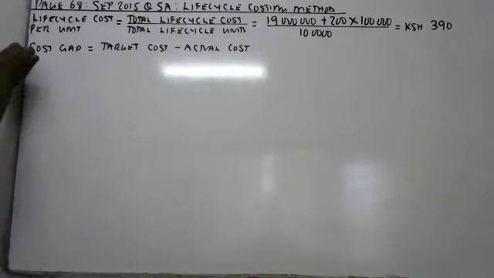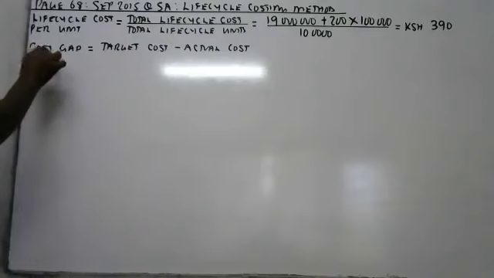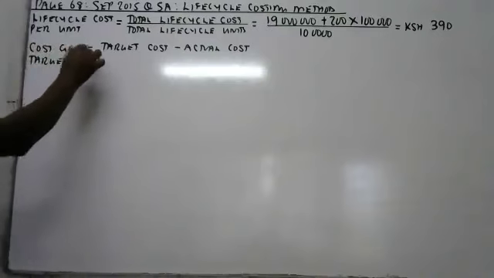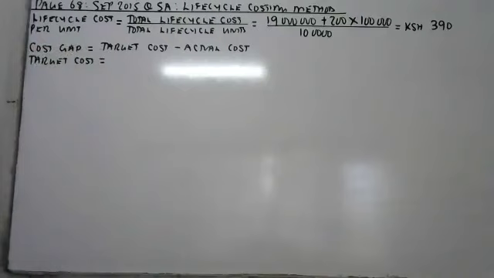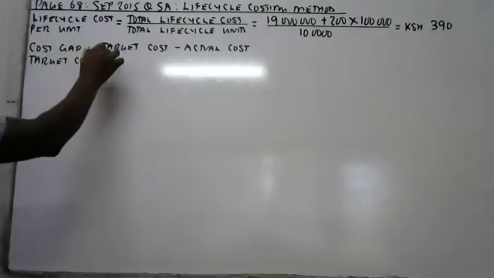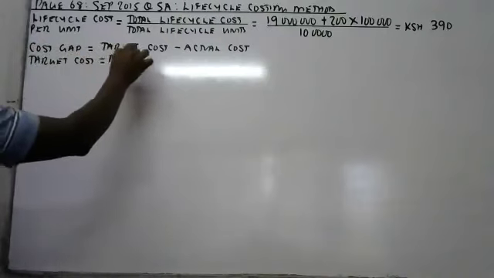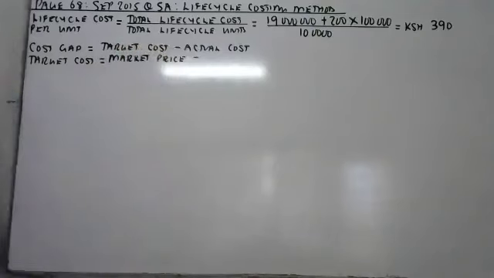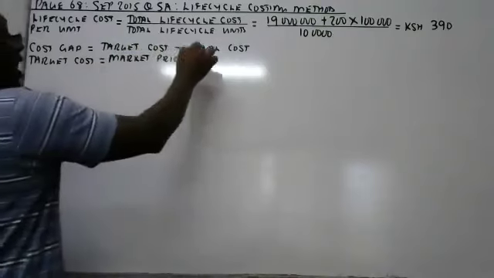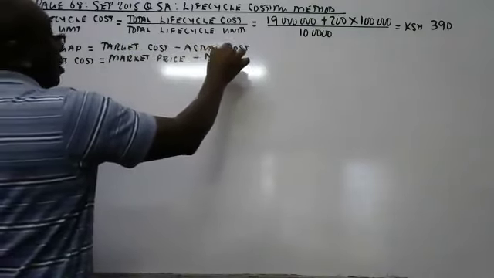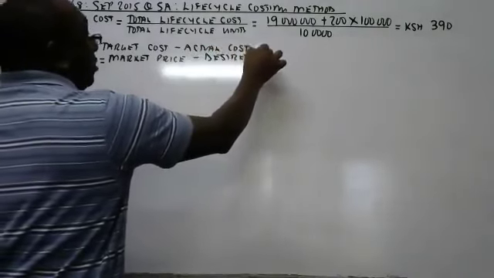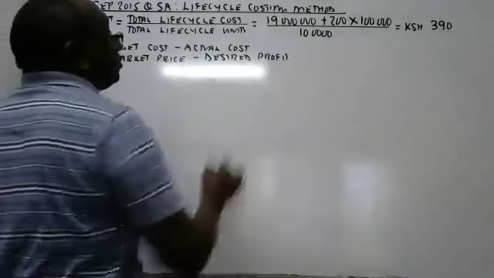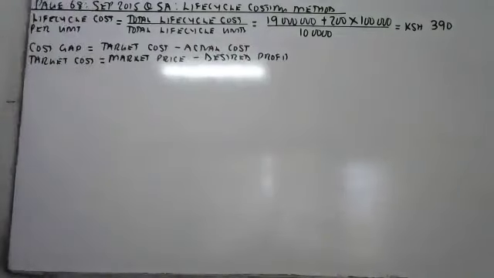Then how do we get the target costs? We said yesterday that target cost is supposed to be equal to market price minus desired profit. It is the market price minus the desired profit.